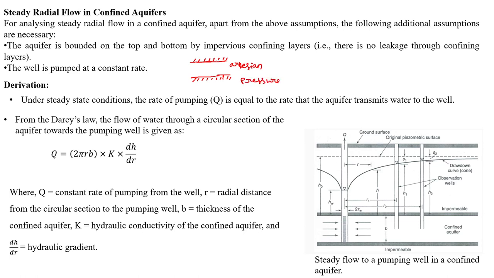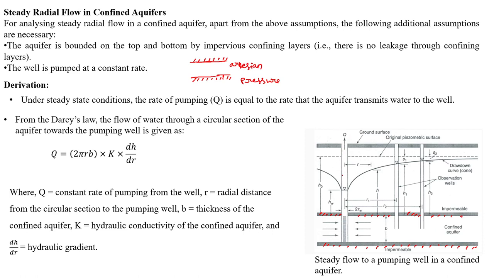If you look at this picture, this is a confined boundary, and this is also a confined boundary, and the soil between these boundaries is called a confined aquifer, and the water inside it is under artesian pressure.